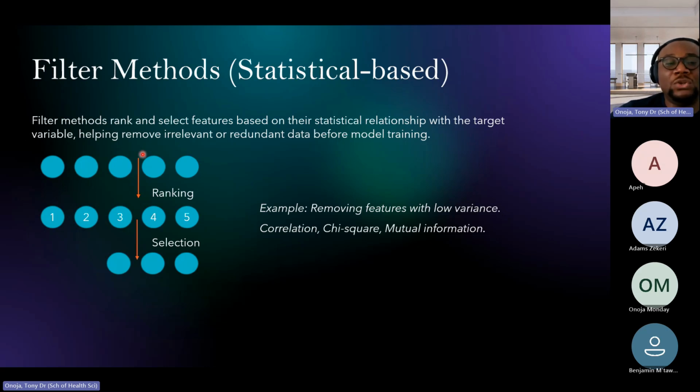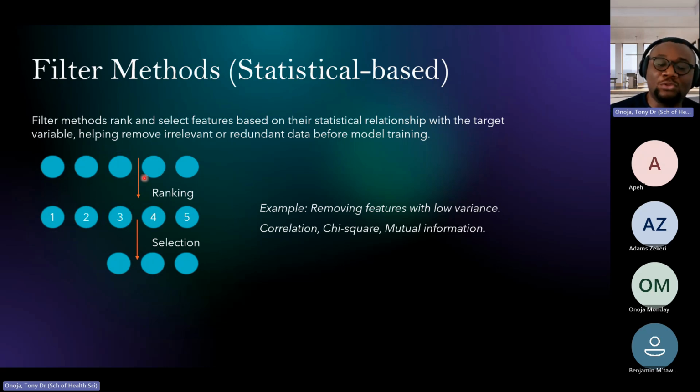So for example, it looks like this. Let's say we have these features, 1, 2, 3, 4, 5 of them. We perform statistical tests, and then we rank these features. And then we discover that, based on this feature ranking, maybe features 1 and 2, or these 3 features, are the best features based on that cutoff.